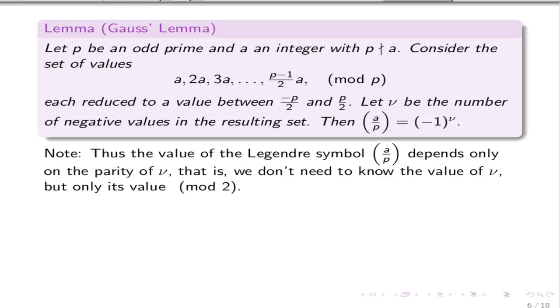So you have a complete residue system mod P that runs from minus P over 2 to plus P over 2, and you've reduced each of these values to one of those integers. I'll let nu be the number of negative values in the resulting set. And the claim is the Legendre symbol A over P is just negative 1 to the nu power.